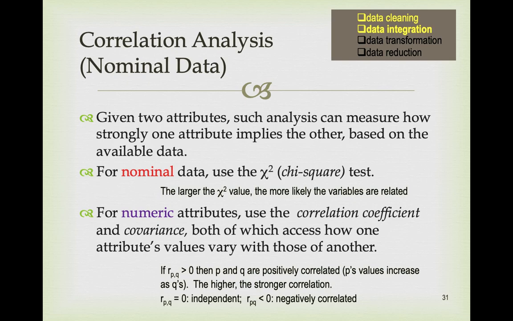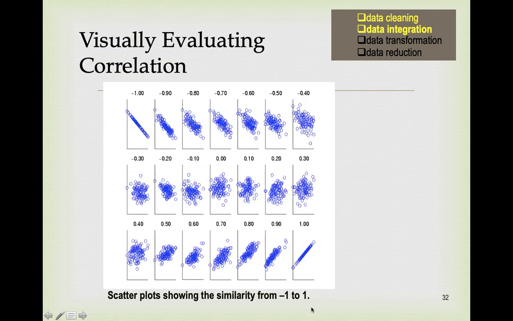R of P,Q equal to 0 means they may be independent, and R of P,Q less than 0 means they are negatively correlated. Visually evaluating correlation: this is the scatter plot showing the similarity from -1 to 1. So this is from -1, and this is 1.